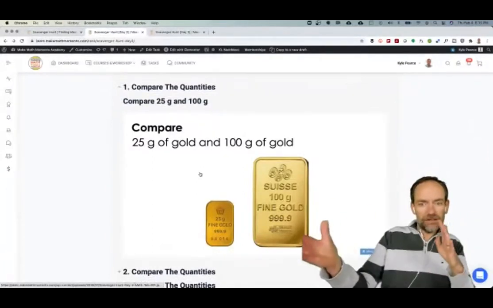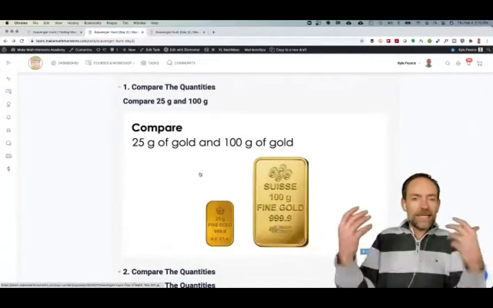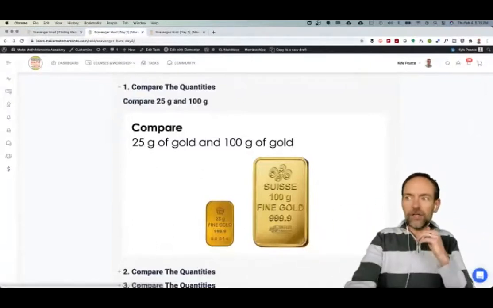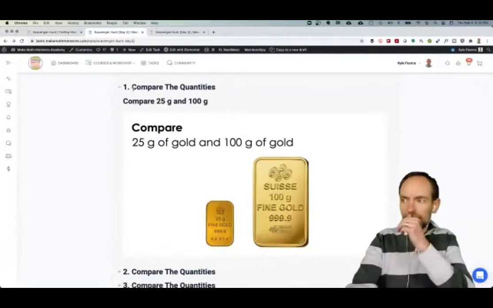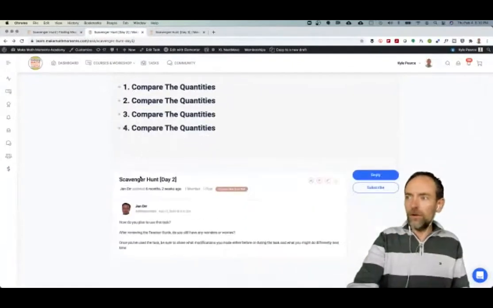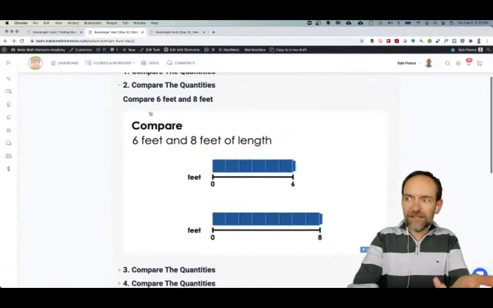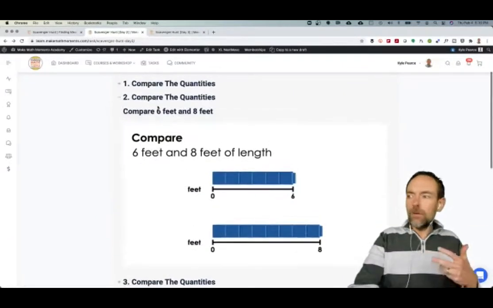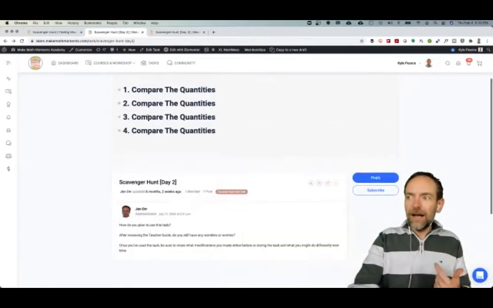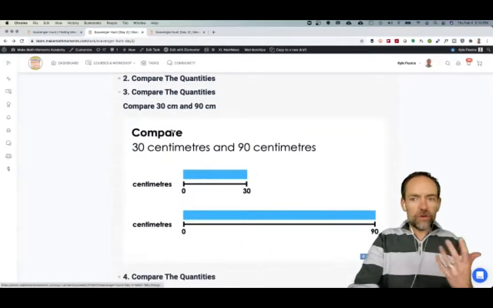Like you were saying, this multiplicative comparison. So we give them some scenarios that are not related to the context, like 25 grams of gold and 100 grams of gold. And we ask them to compare 6 feet and 8 feet. And we try to get them thinking in this relational sort of way.